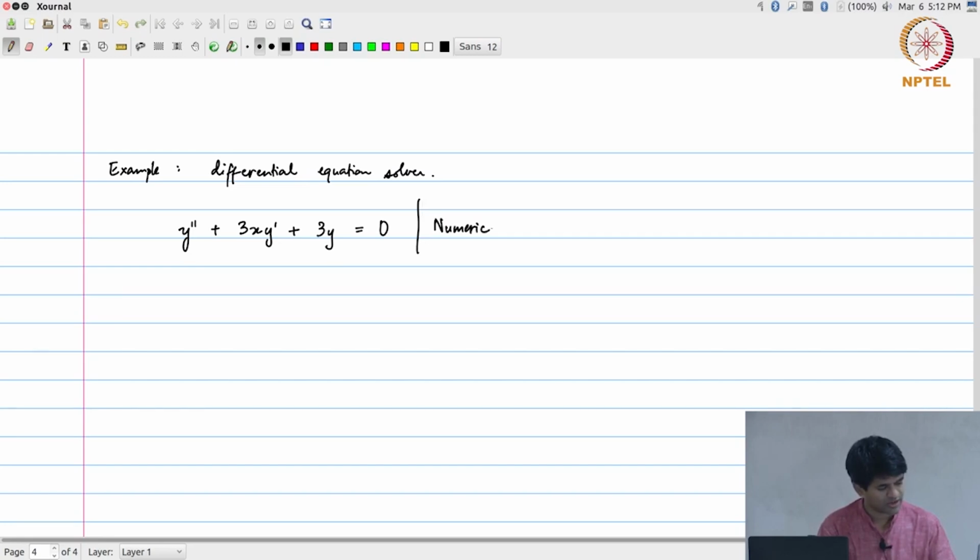And what I want to do is to numerically solve this, or numerical integration of this, in the range x from 0 to some a.